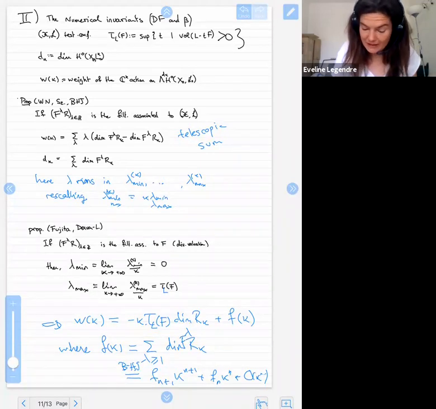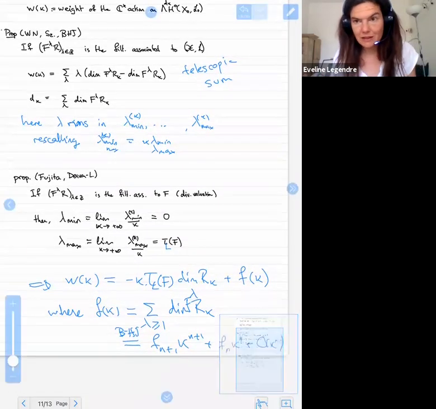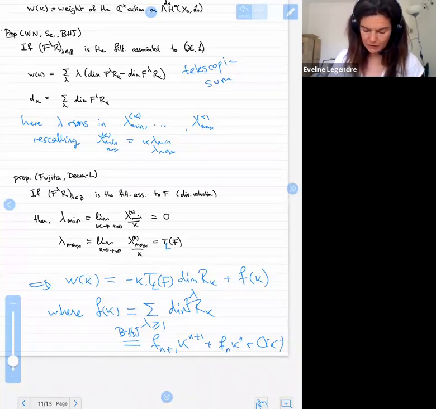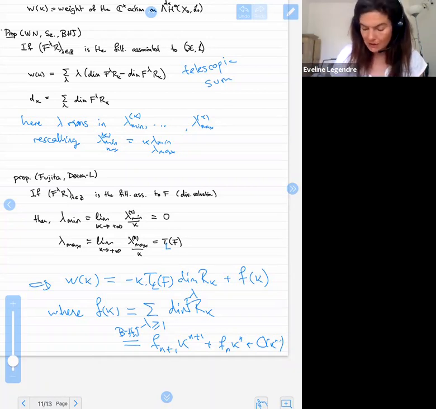As I said before, nothing changed in this part in the case of a polarized variety. Really, Fujita, that was already there. The fact that the theta k invariant is not the same as the beta invariant came after.